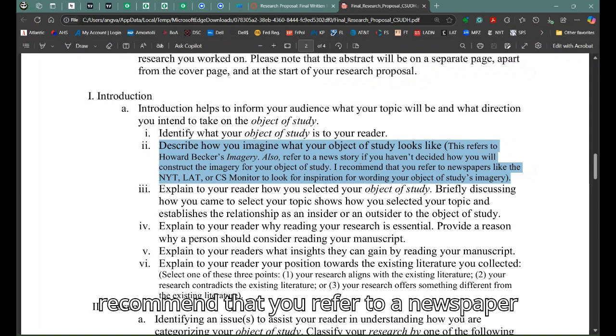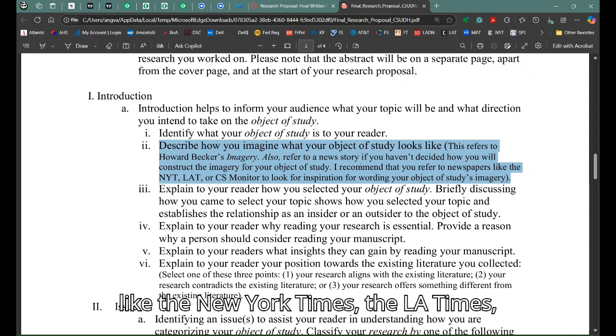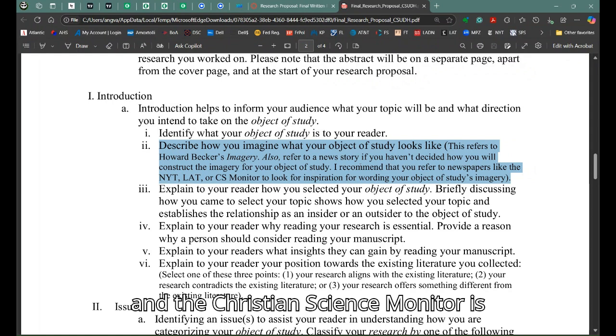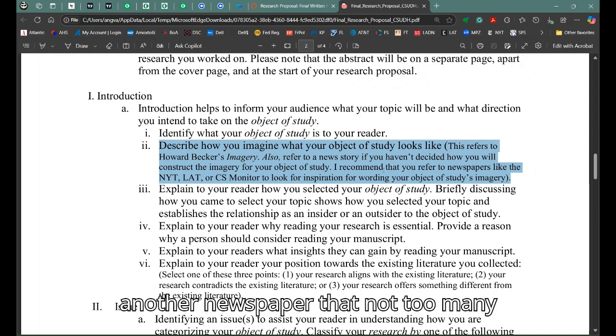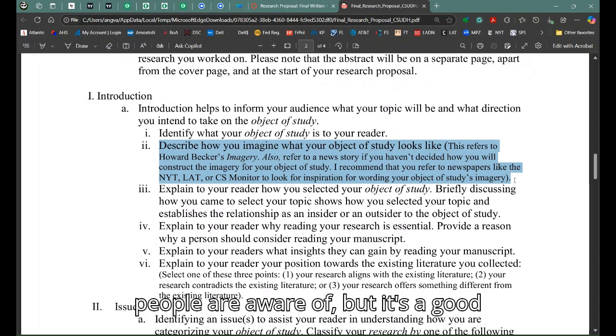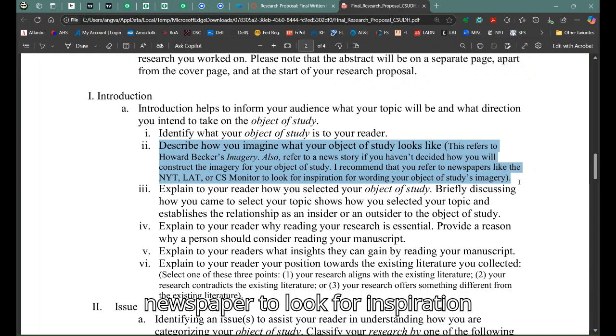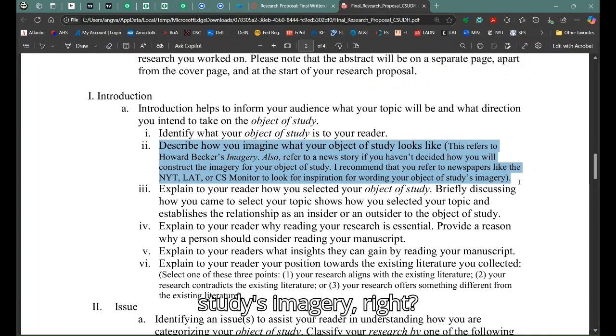I recommend that you refer to a newspaper like the New York Times, the LA Times, and the Christian Science Monitor, which is another newspaper that not too many people are aware of, but it's a good newspaper to look for inspiration for wording your object of study's imagery.